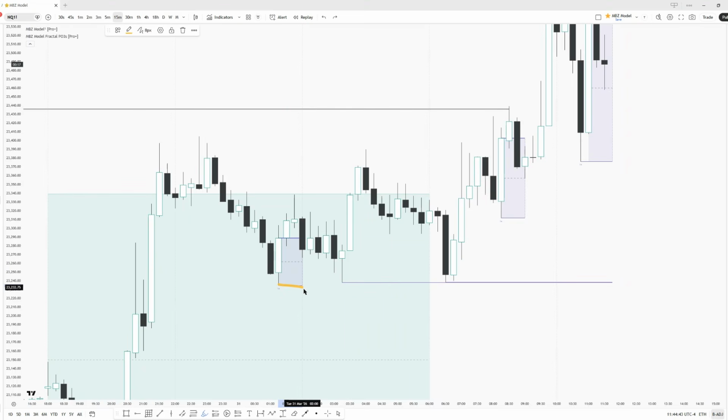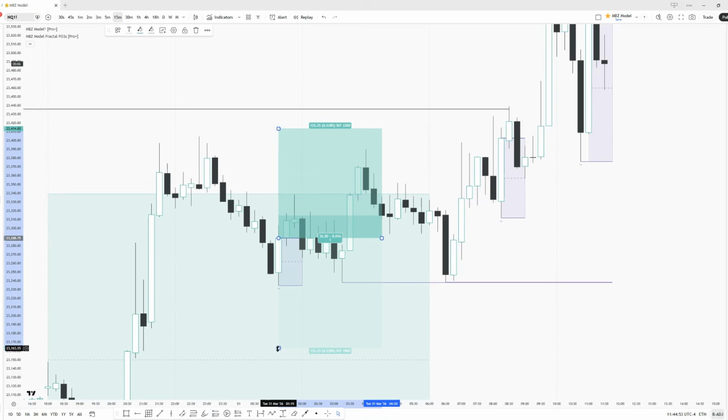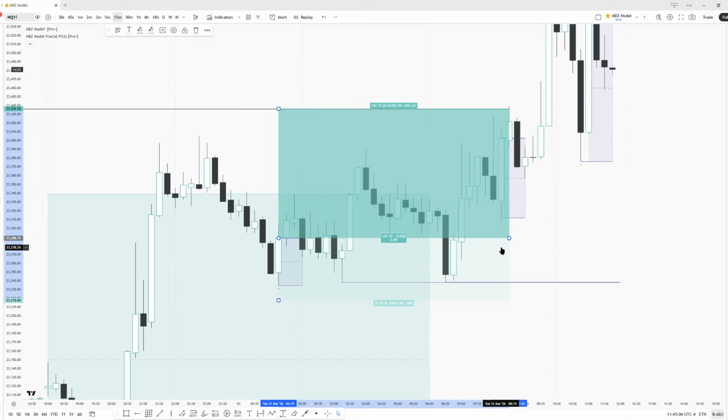This then becomes a type 4 continuation, as mentioned in the previous lesson. And so here we can look for an entry to those relative equal highs to make this a worthwhile trade. Because if we target this pivot high, it's a decent RR, but if we target those relative equal highs, it becomes a 2 RR, as we can see.